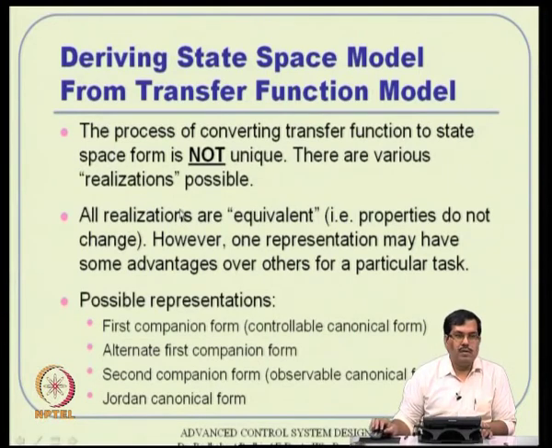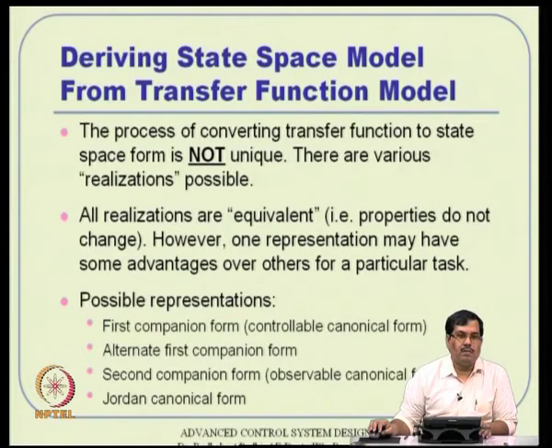But it turns out that all realizations are equivalent. That means, the properties do not change. The properties of stability especially, or controllability, do not change. However, some representation may have some advantage over the other for a particular task. For example, if you go for control design, then most likely you will opt for controllable canonical form.